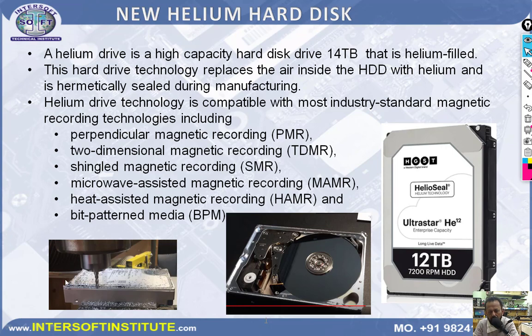Without a drill machine you cannot open the helium drive. HAMR hard disk. Okay, these are the new hard disks: perpendicular magnetic, two dimensional magnetic recording, shingled, microwave assisted, heat assisted magnetic recording, bit patterned media, like that.